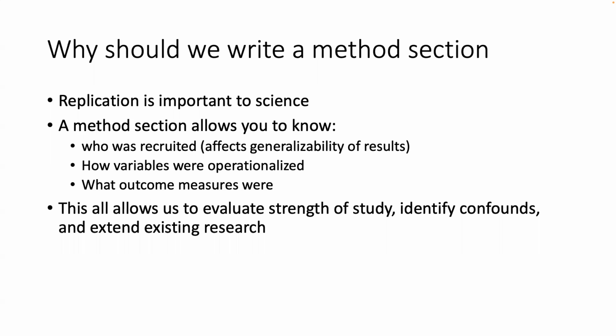So what were the dependent variables and how were they measured? So when writing or evaluating a method section, you can assess the strength of your study, identify potential confounds, and extend existing research.